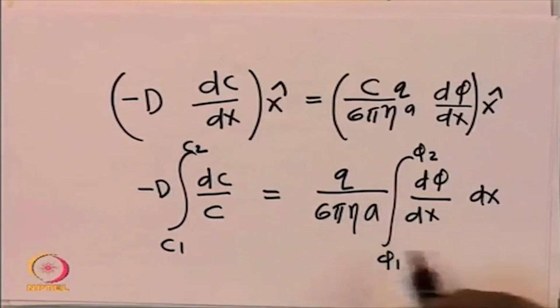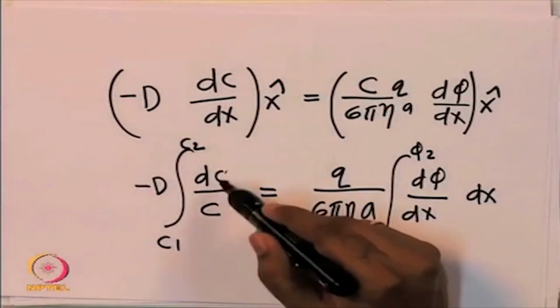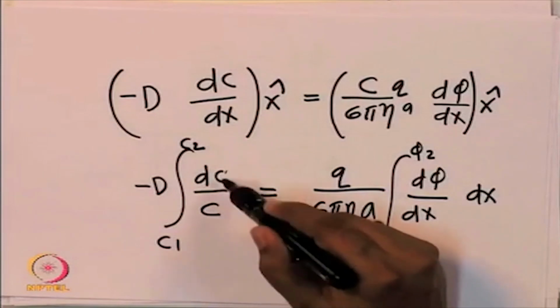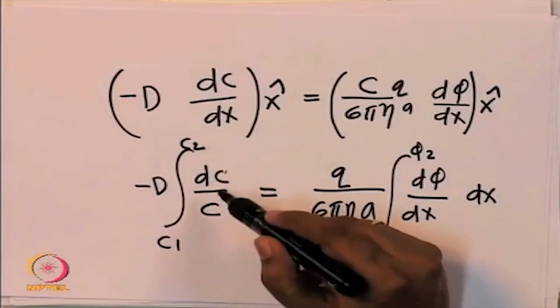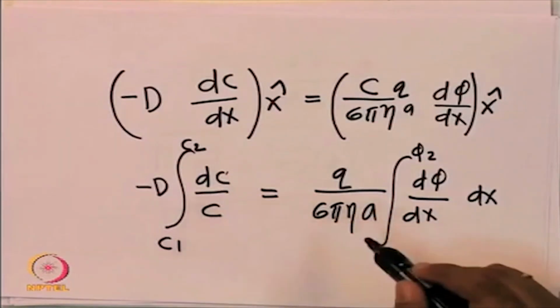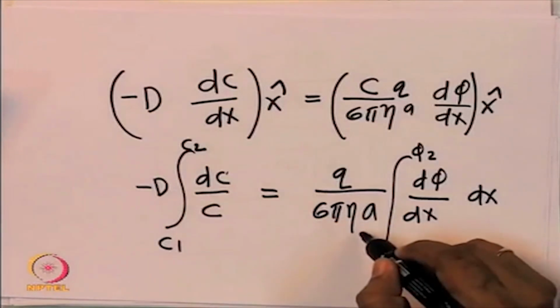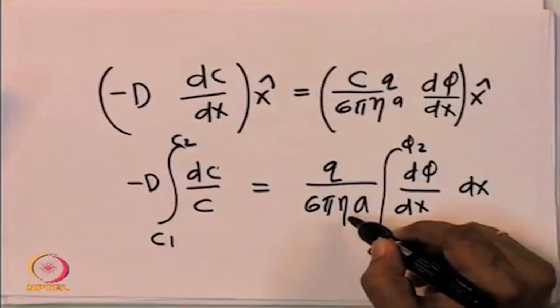If you do this integral properly, you know that integral of 1 by c is log c. Let us do this carefully. I take this d this side and rewrite this equation. What you get?